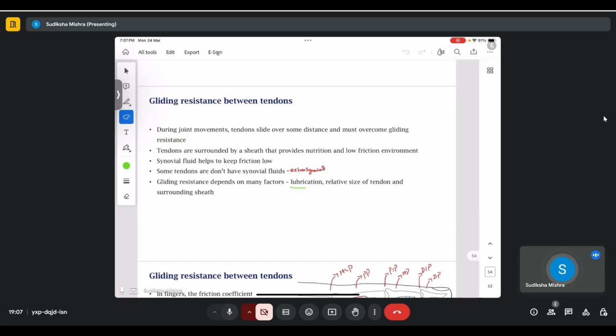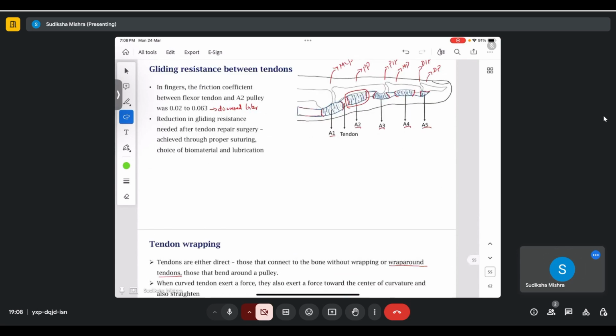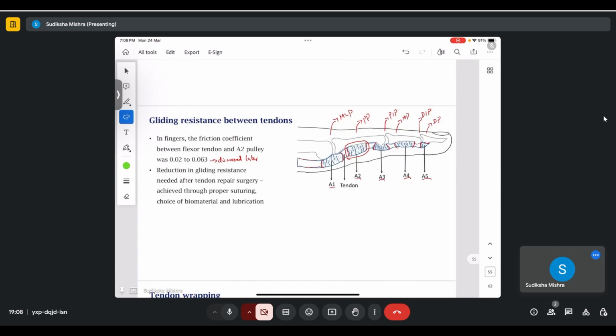Gliding resistance in itself depends on many factors. One is lubrication, another is the relative size of the tendon: the larger the tendon, the larger the resistance, and then the surrounding sheath. The frictional coefficient between the flexor tendon, which is this one, and the A2 pulley.